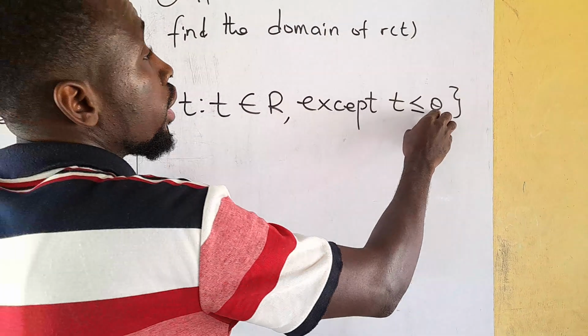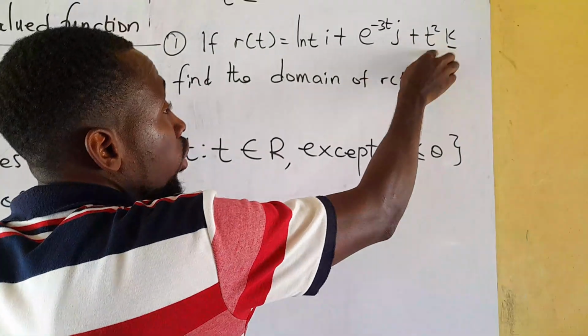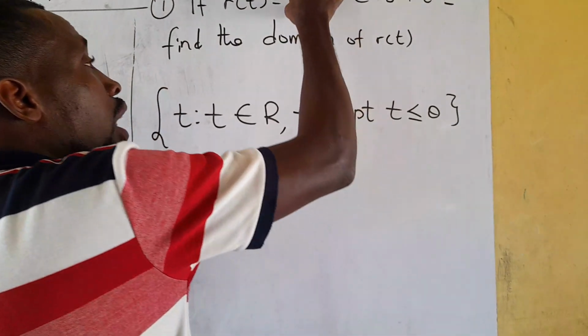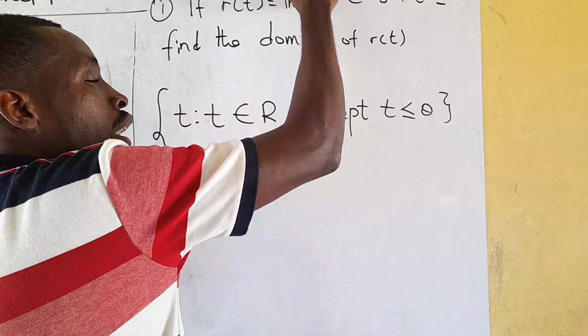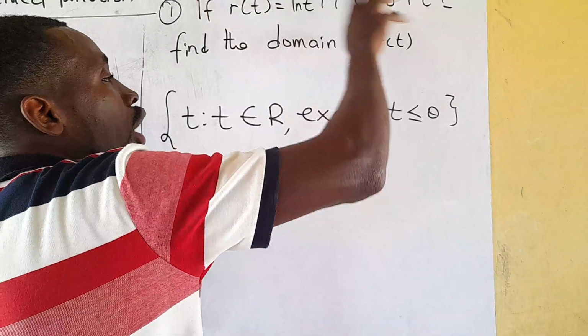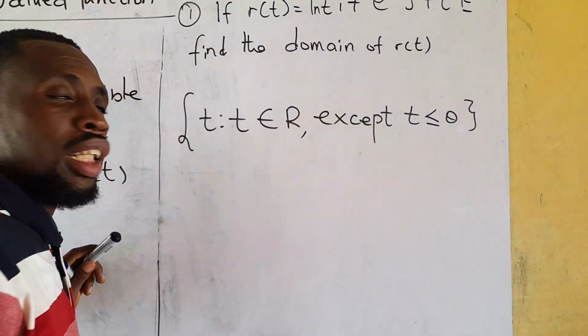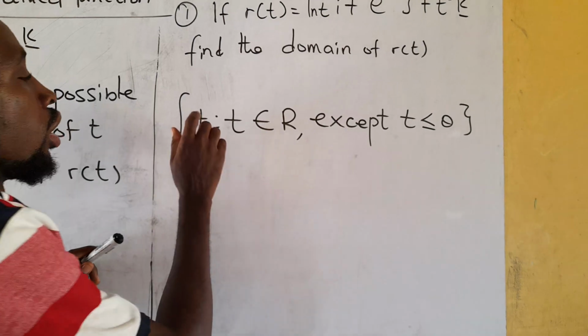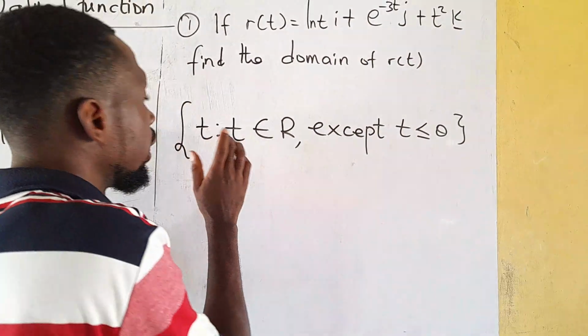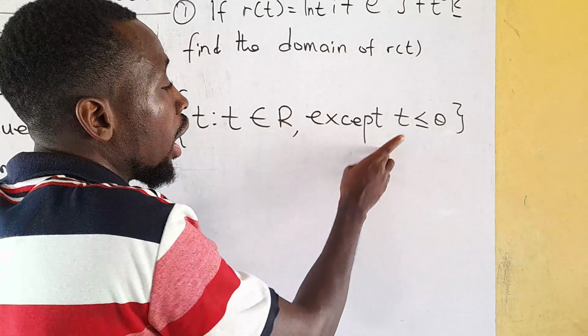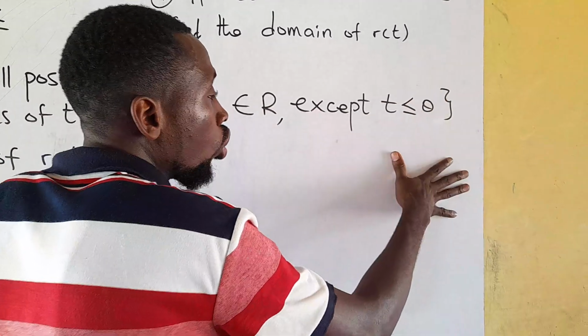Please, note that when t is less than or equal to 0, it will not make every direction undefined, but as far as it makes only one direction undefined, it renders the whole vector valued function undefined. So the domain is that t is such that t is a member of all real numbers, except when t is less than or equal to 0.